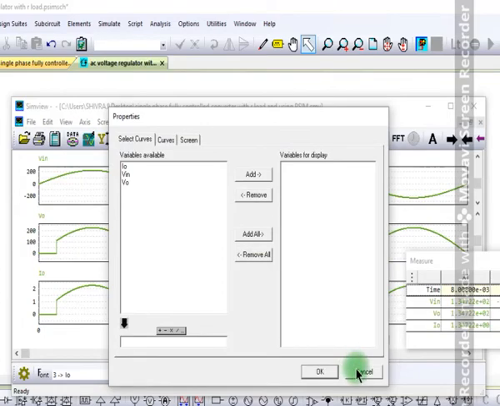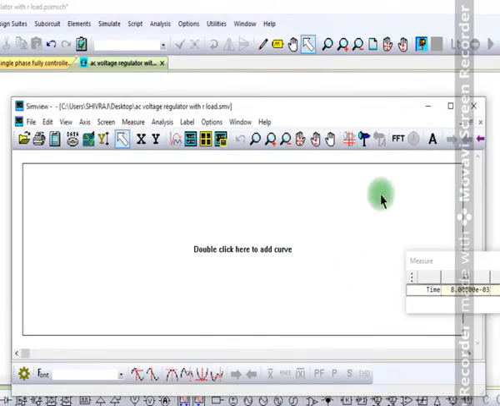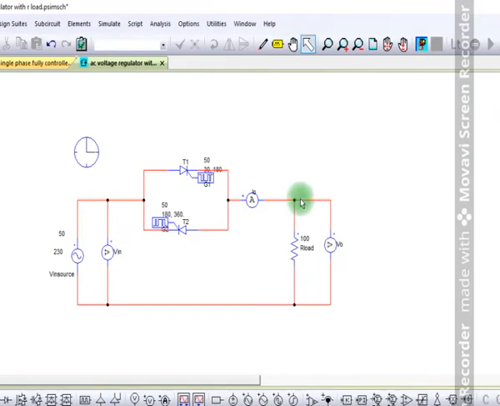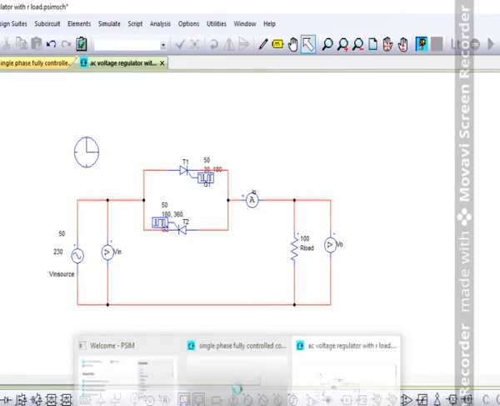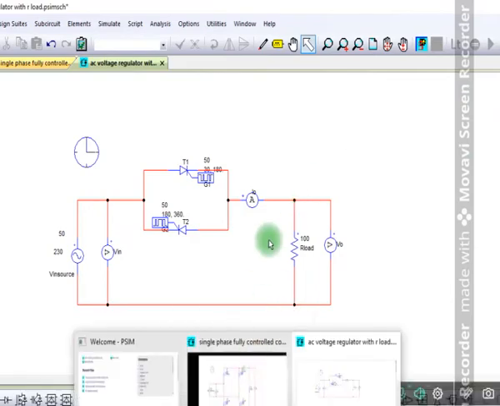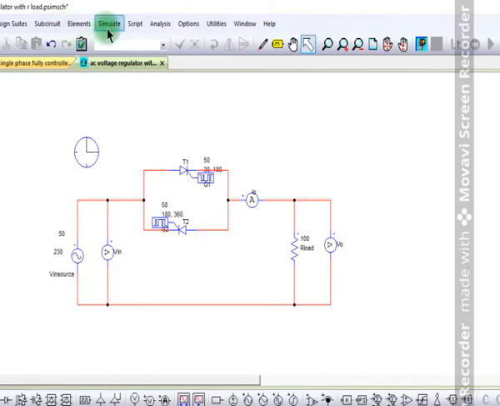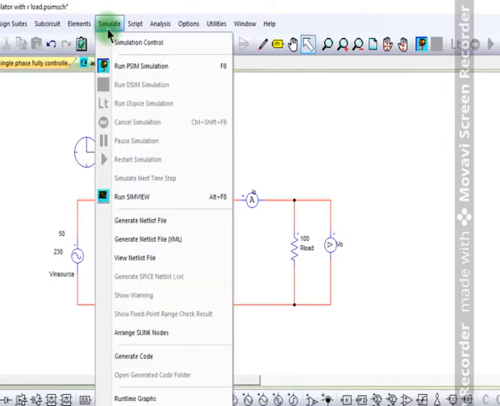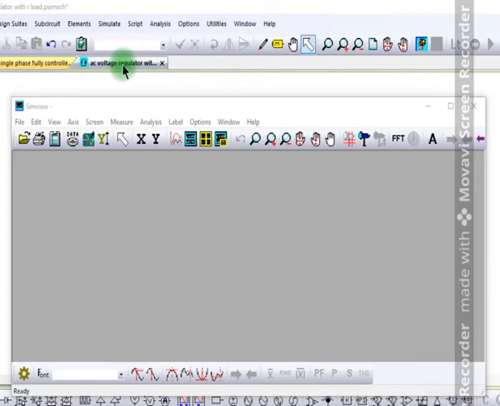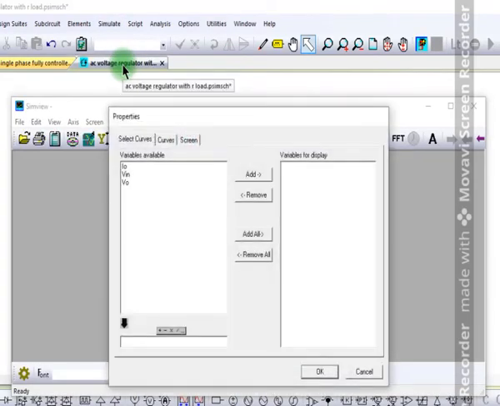I think it was taken previously, which we have calculated. So go to simulate, click on it, and then run simulation. Okay, so variables are available, that is output current, input voltage, output voltage.